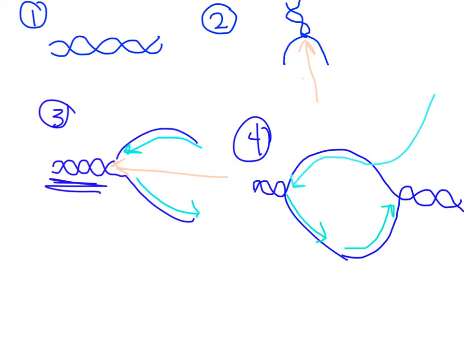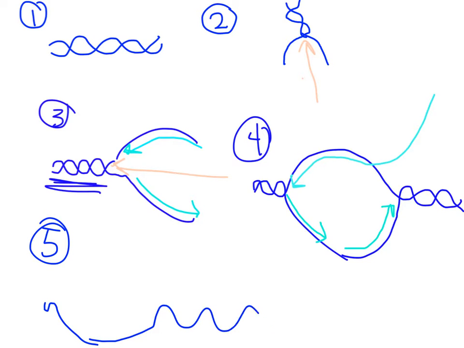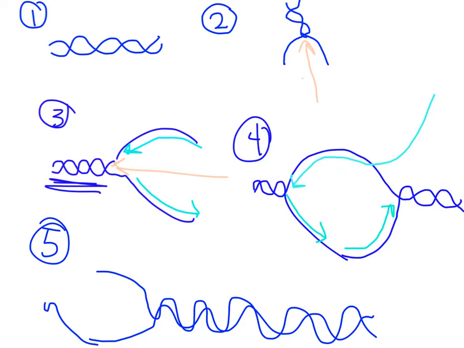So the next time that we open up our DNA, we still have on our leading strand this long, huge, spirally piece of DNA.